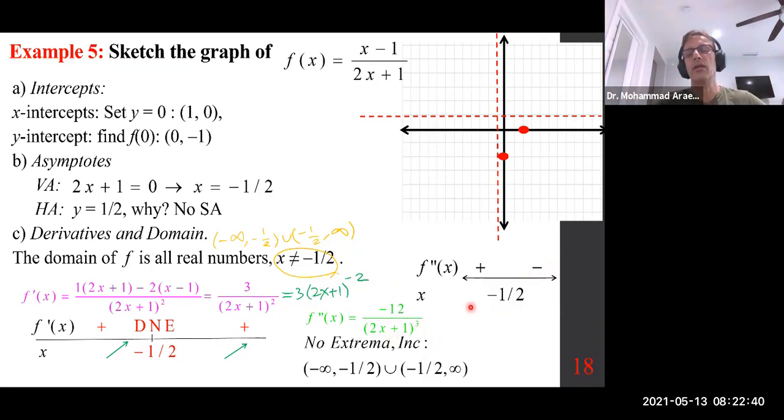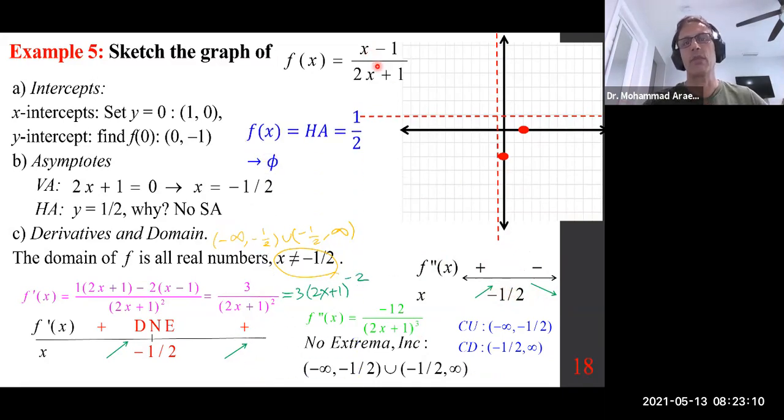And to the left of negative 1/2 it is the opposite, or you may notice that because this is an odd exponent, the signs alternate, meaning that over here it's concave up, over here it's concave down. However, we don't have an inflection point because x equals negative 1/2 is not part of the domain. If it were, we would put it in there and find the pair.